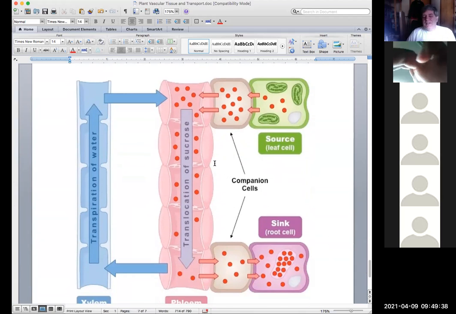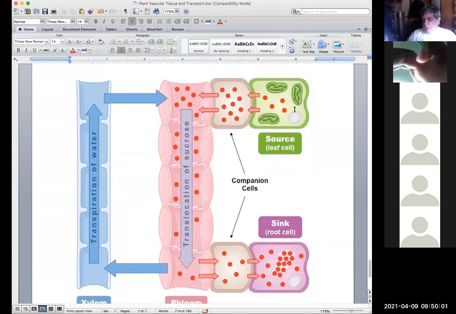So let's look at xylem and phloem together. And keep in mind, we've seen several pictures of vascular bundles at this time. So you probably remember that xylem and phloem are usually located next to each other. So let's look at some xylem represented by the blue cells and some phloem represented by the pink.